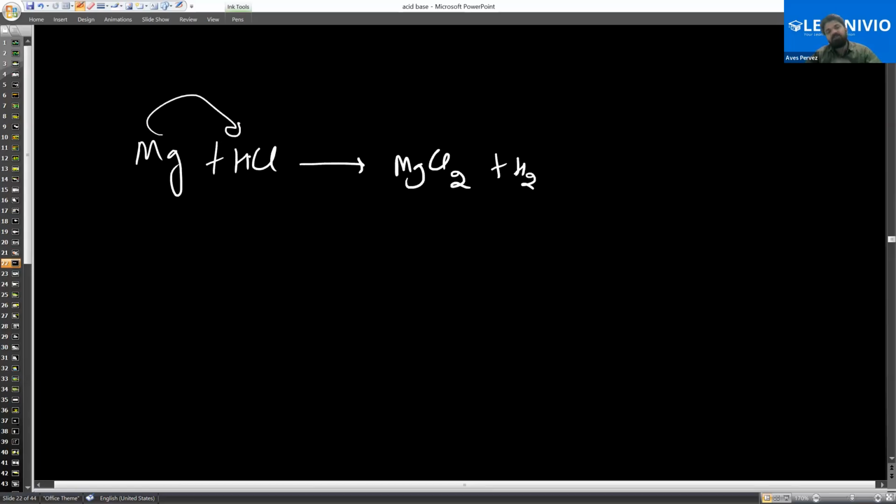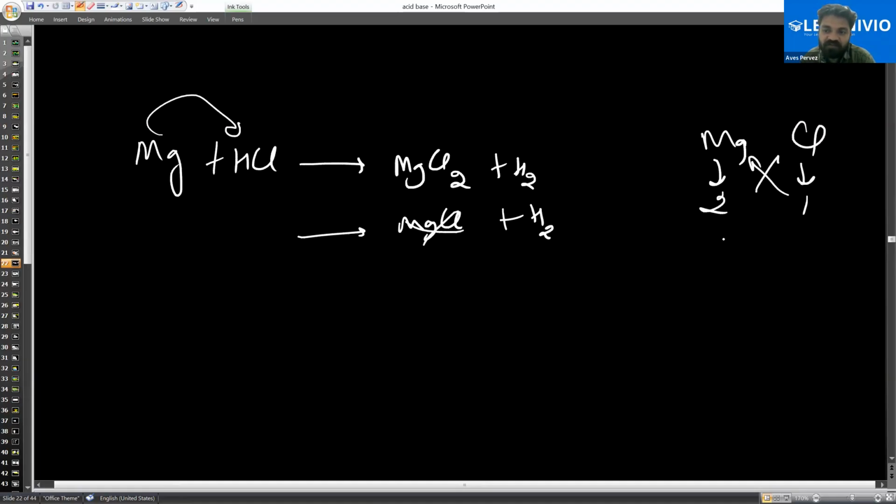It is displacing the hydrogen. Yes, because of the valency. Mg has valency 2, and chloride ion has valency 1. You cross multiply, and you will get MgCl2. Understood?